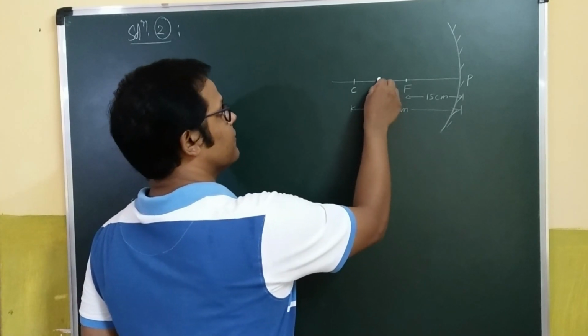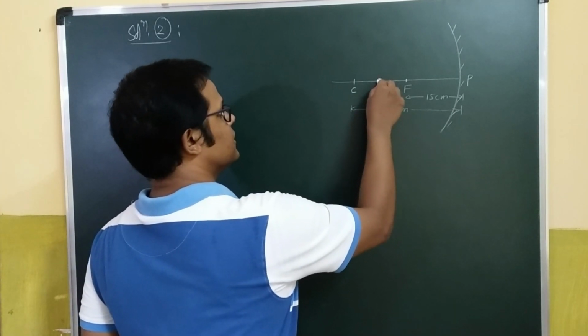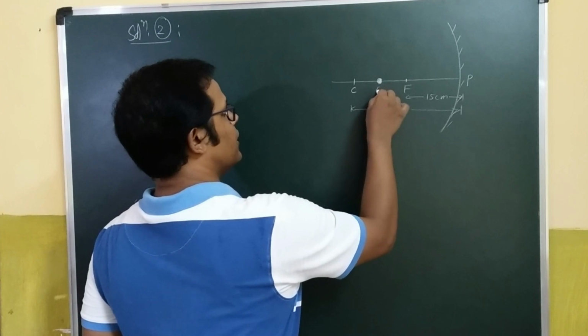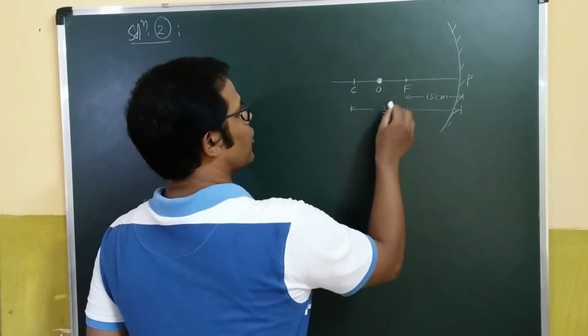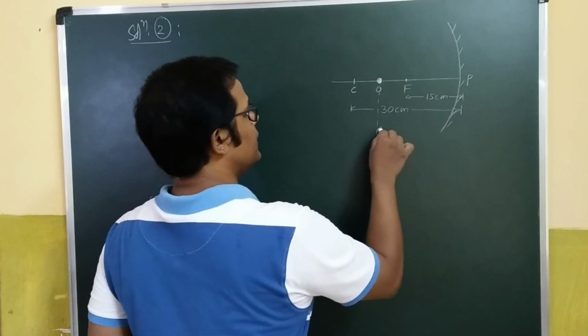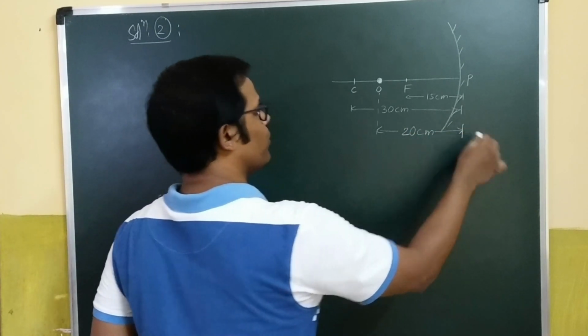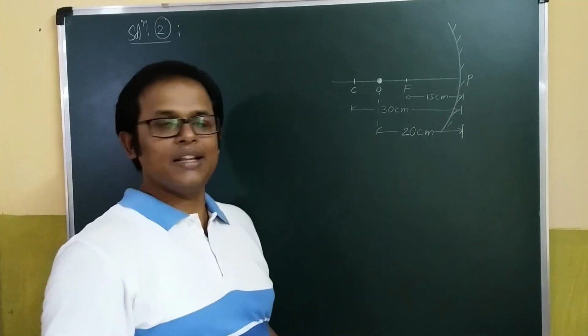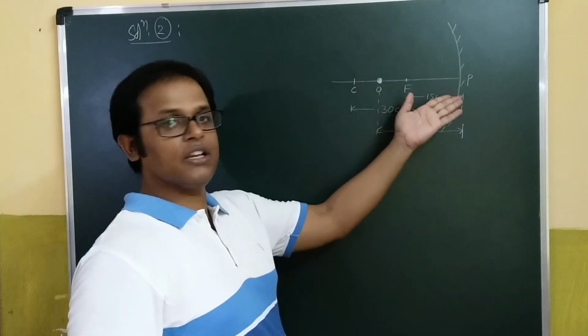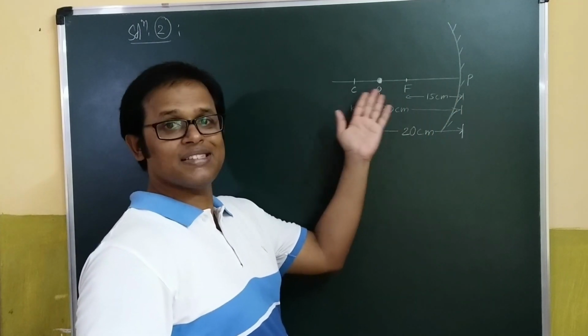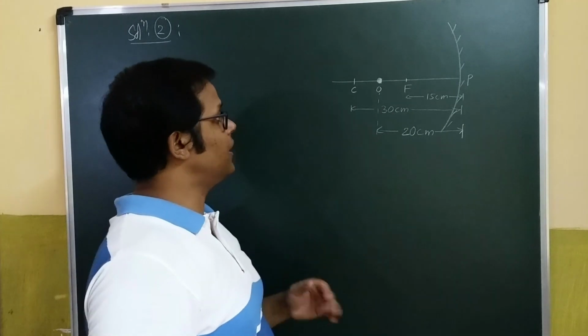So the object is somewhere here, a point size object. Let us call it O, and this object is at a distance of 20 centimeters from the pole of the mirror. Again you can see it's a concave mirror. The object is between the center and the focus. Alright.